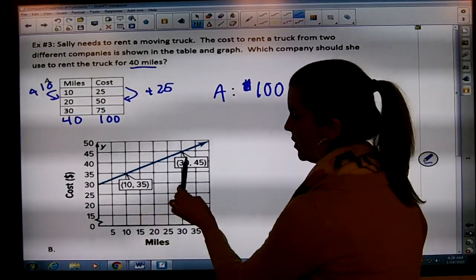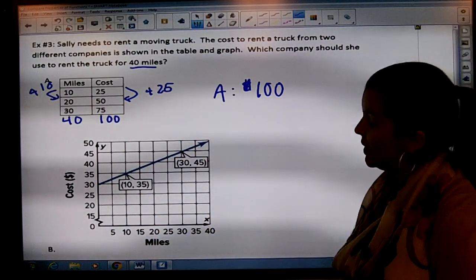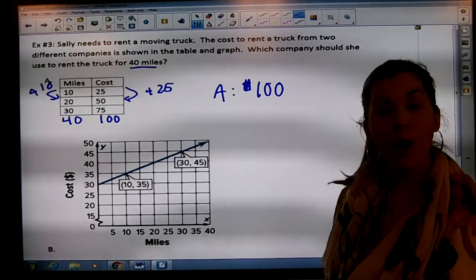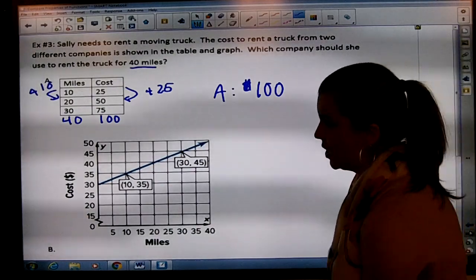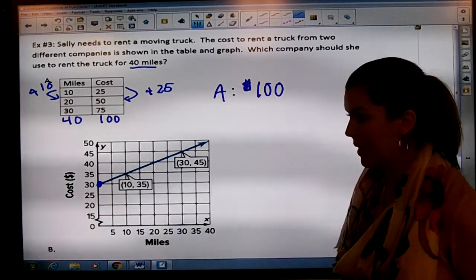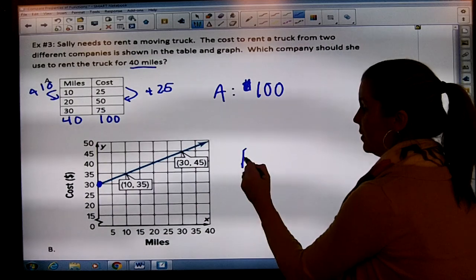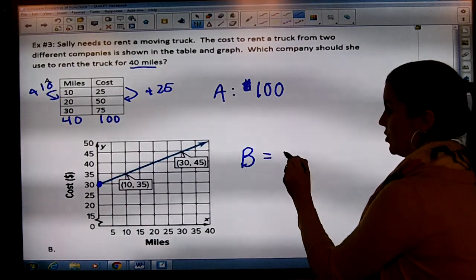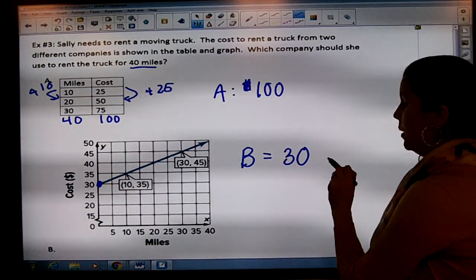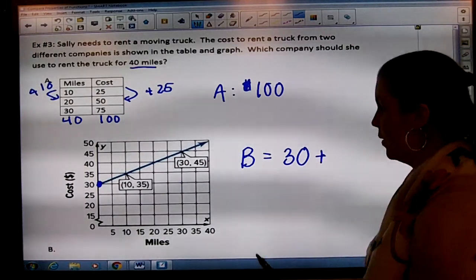For company B, we are given 2 ordered pairs on this graph, and we can find out how many dollars it's going to charge her per mile. And we can also identify the y-intercept, which appears to be at 0 miles, $30. So this company, company B, is going to charge us $30 plus however many dollars per mile. And let's calculate that.